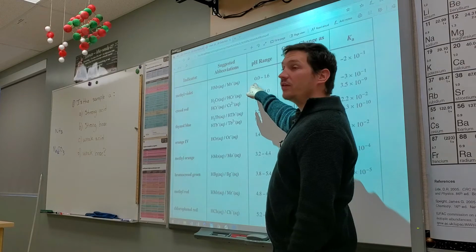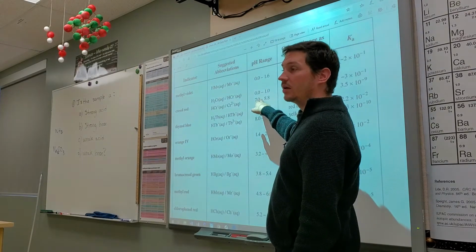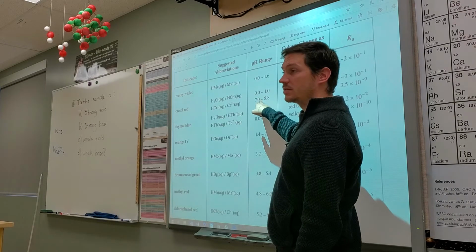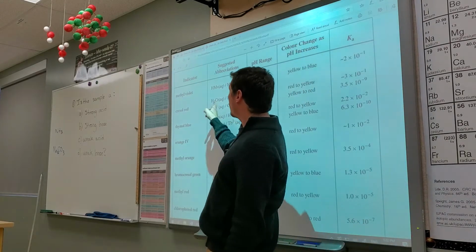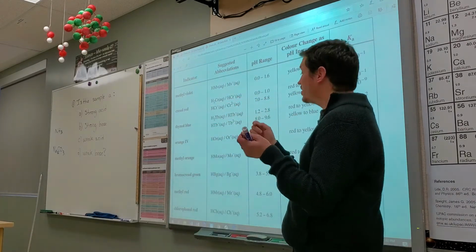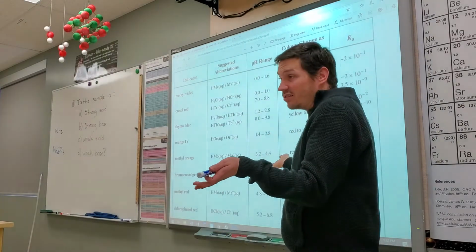Would methyl violet be okay? No. Would cresol red be okay? Yes. Remember, the cresol red has 2 different color changes. So the first color change, no, but the second color change, yeah, okay.